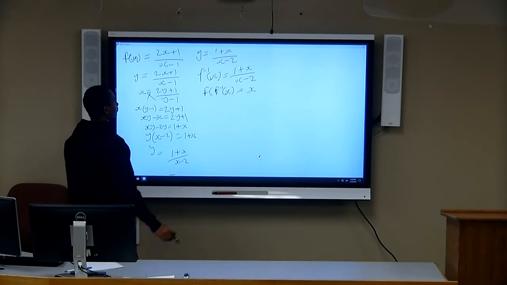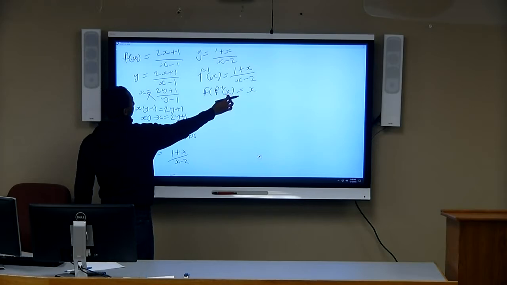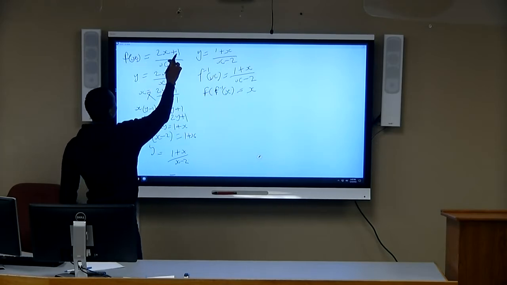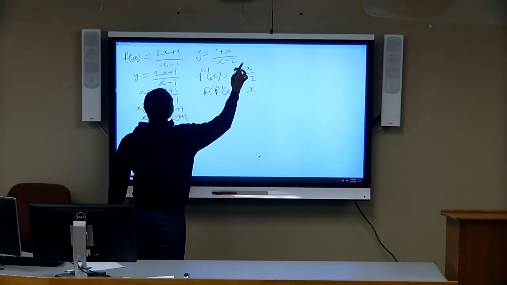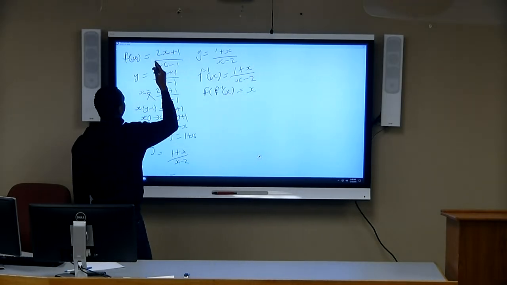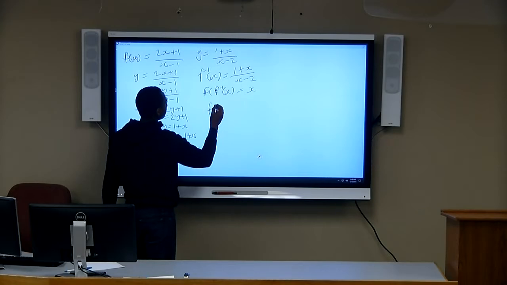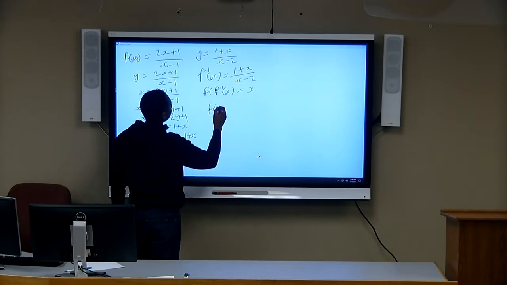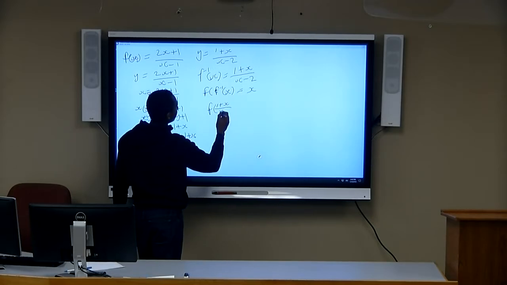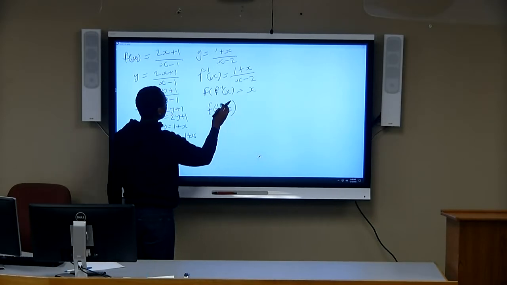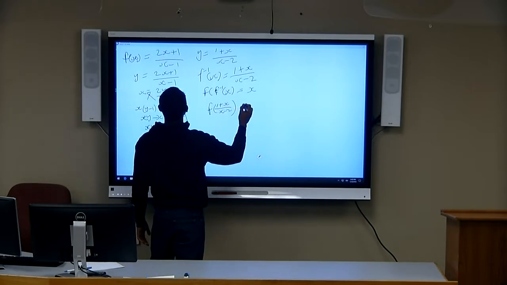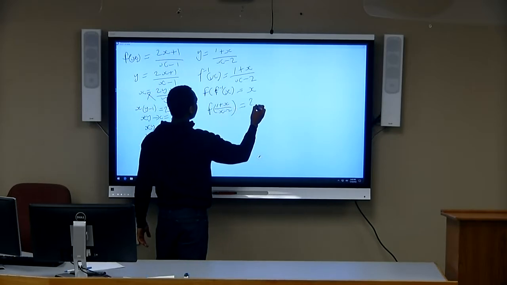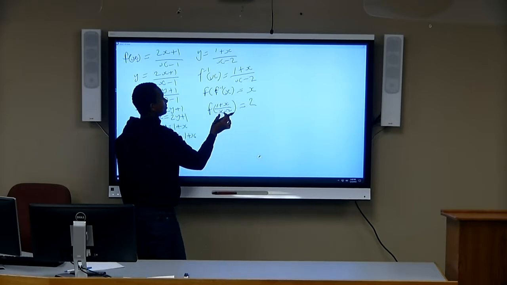Now what we're going to do is put f inverse of x into f of x, which is this one. So this is our f inverse of x right here. We're going to put it inside f of x. So if we do that, that's going to be f of 1 plus x over x minus 2. This is what we're putting inside this equation here. So this is going to be equals to 2 into, wherever we see x, we put this thing here.